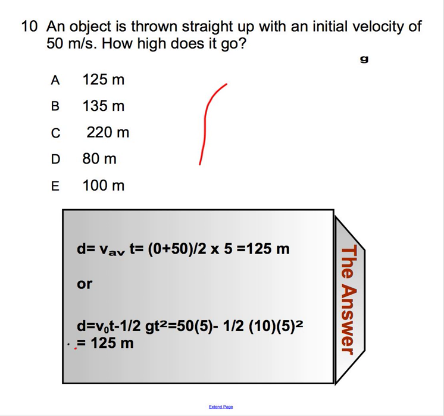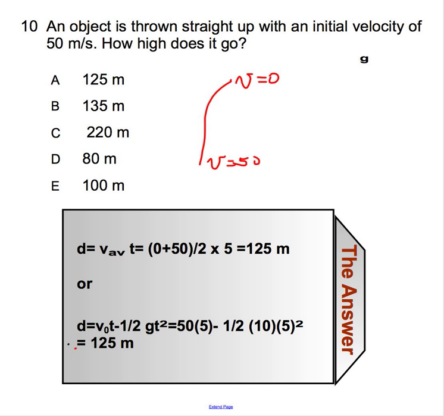This v is 50, and this v is 0 at the top. And the average velocity, therefore, is going to be 25. It's 0 plus 50 divided by 2. And we calculated before it's going to take 5 seconds, so that's 125 meters.